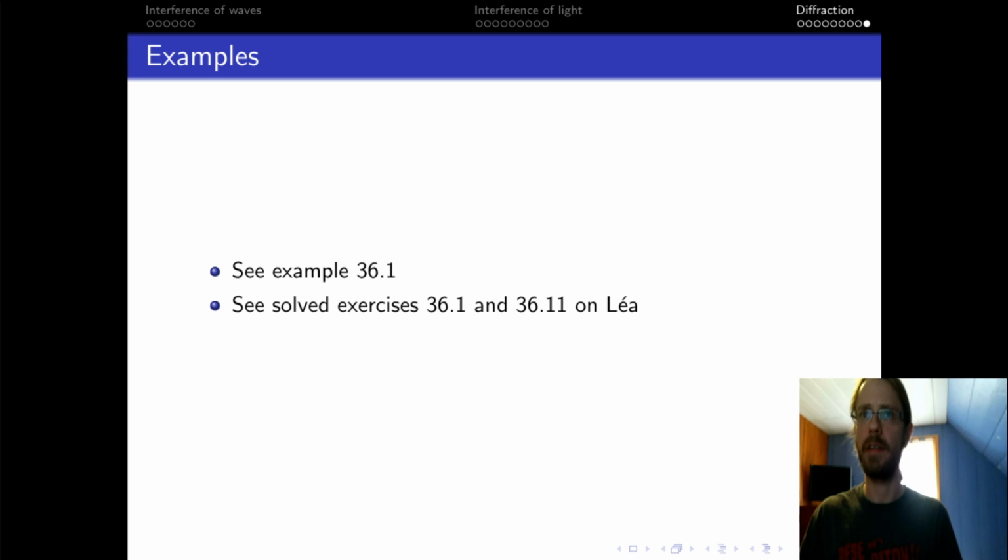And with this, that will bring us to the end of the theory for today. So with these last equations and theory, you'd be ready to take a look at some more examples. First, example 36.1 in your textbook, and also two more exercises I put on there for chapter 36.